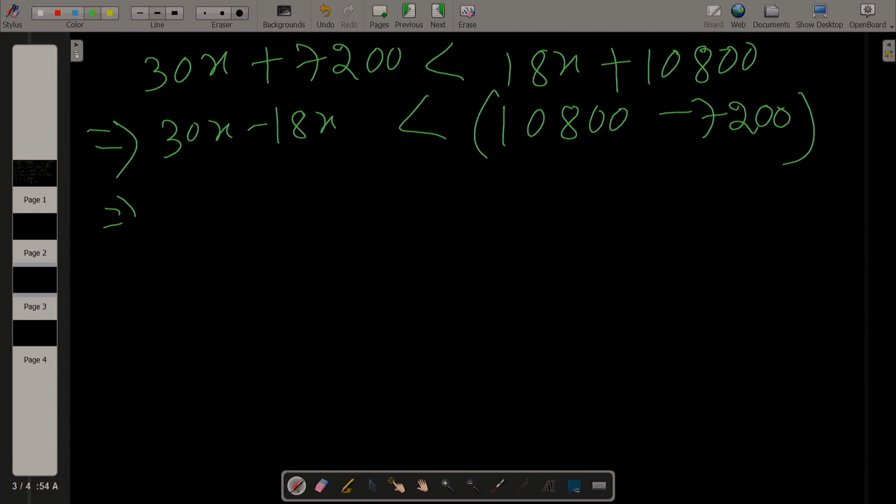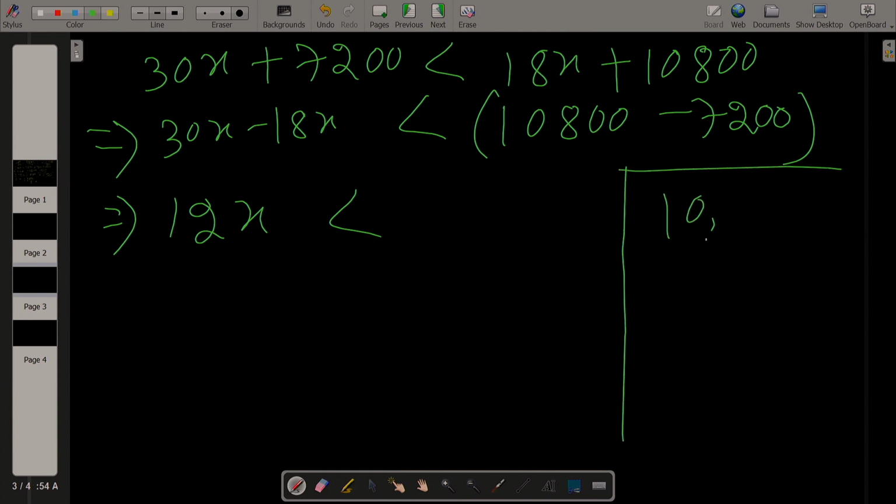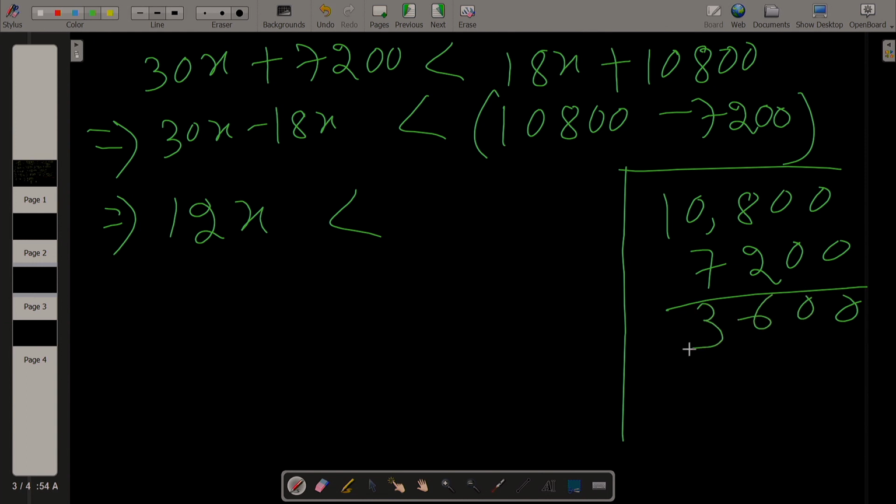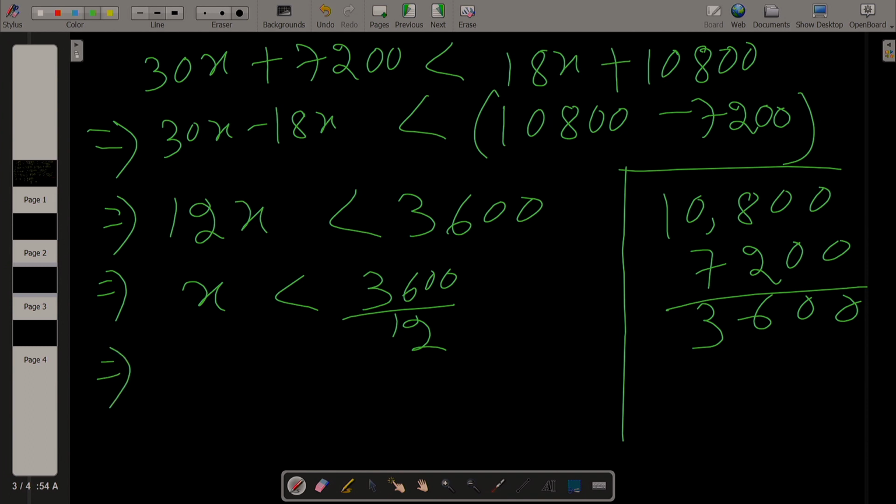Now we find 12x is less than or equal to 10,800 minus 7200, which is 3600. So now we find the value of x is less than or equal to 3600 divided by 12, very simply x less than or equal to 300. This is the second inequality.